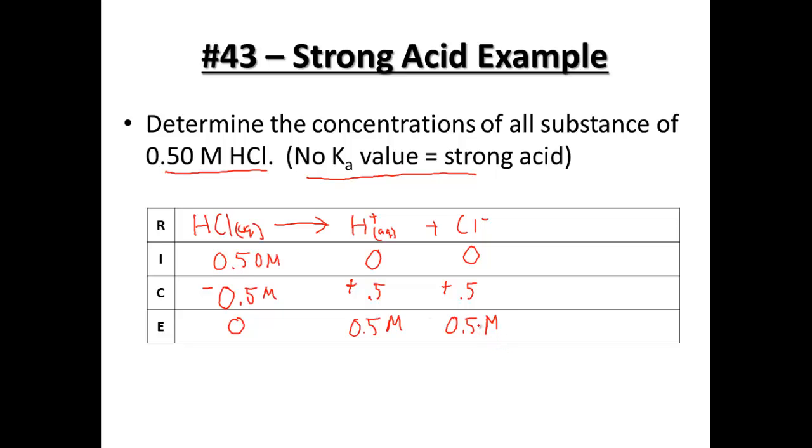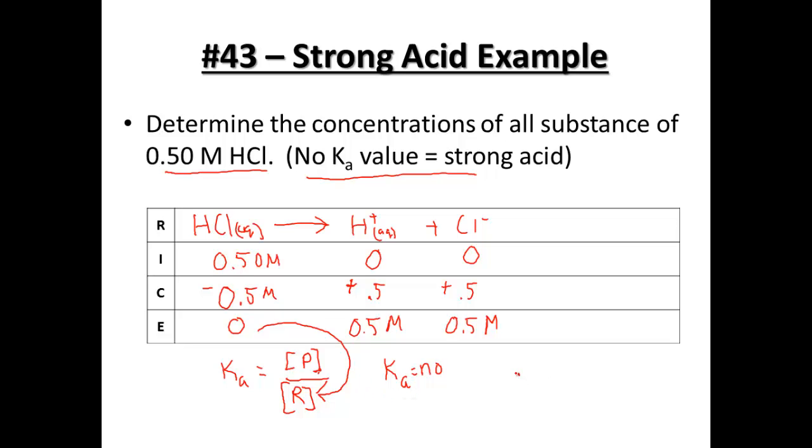So when we look at finding the Ka value for a strong acid, our Ka is the concentration of the products over the concentration of the reactants. We're going to be left with the fact that the denominator is 0, so there's going to be no Ka value for strong acids.